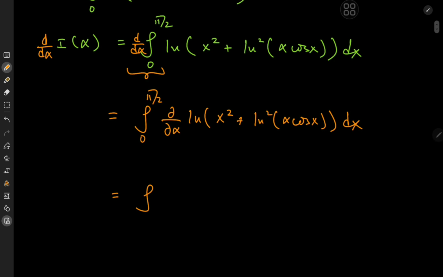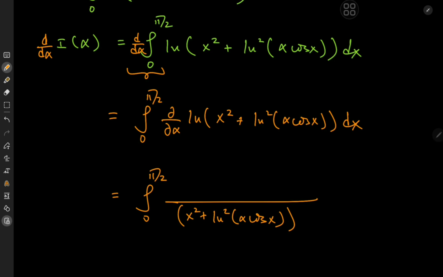And differentiating, we have this argument of the logarithm in the denominator now. We have x squared plus log squared alpha cosine x, and now we have to differentiate this argument with respect to alpha. So x here is being held as a constant because we're differentiating partially.